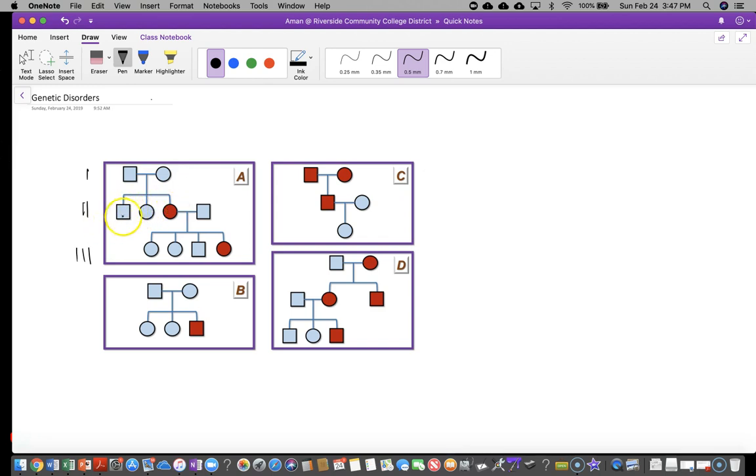Out of 3 kids, 1 was a normal male. By normal male, we just mean that he did not have a disease. Imagine we are talking about any particular disease. This is the daughter who is also not affected.